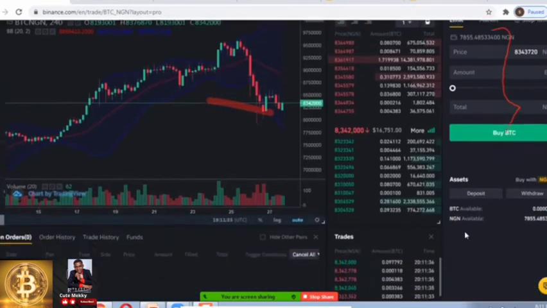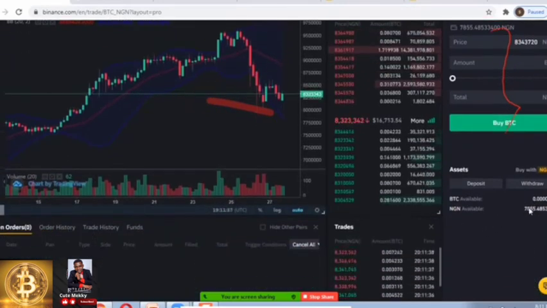Now, if you look at this very point, you see my 7,855 Naira reflect here that I just deposited now. So it's a big opportunity for you that you see someone that wants to buy Bitcoin. You can charge the person higher. Come here and buy Bitcoin for the person. Remember, you still have to consider the transaction fee for sending the person Bitcoin in your calculation.